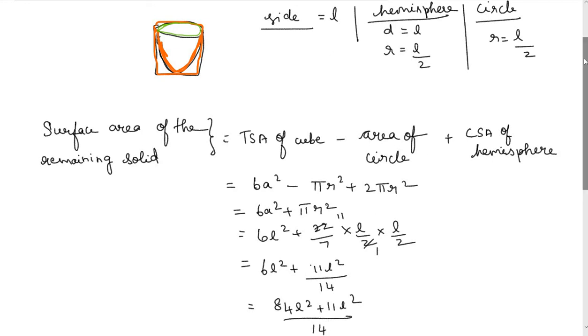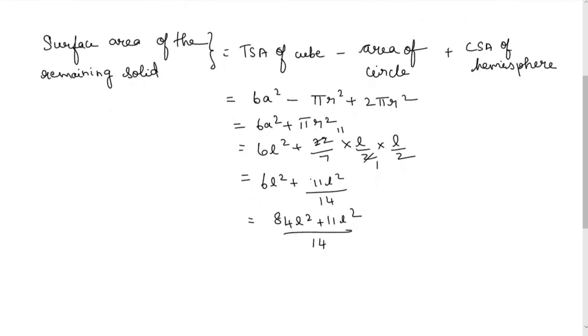When you add, what will you get, children? 95L square by 14. I hope you all understand this. Thank you, children. So this is our surface area of the remaining solid.